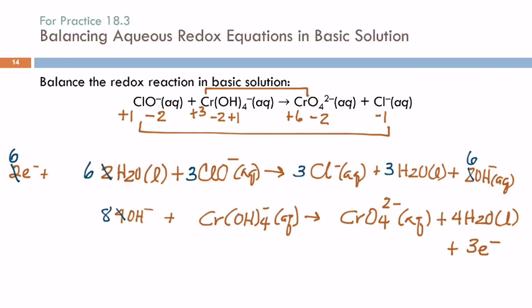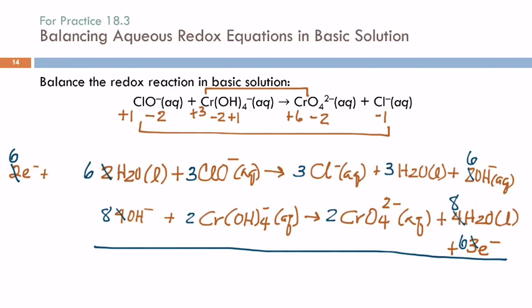So this becomes 8 and 2 and 2 and 8 and 6. Everybody okay?